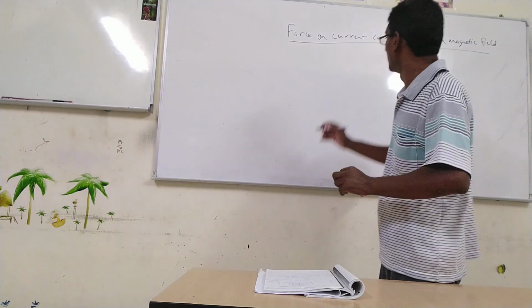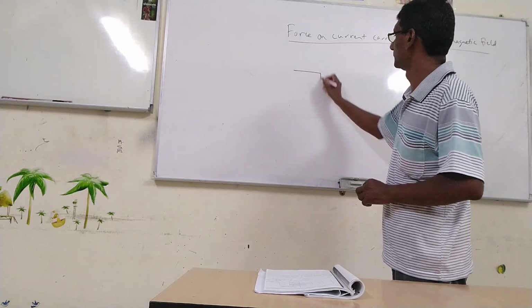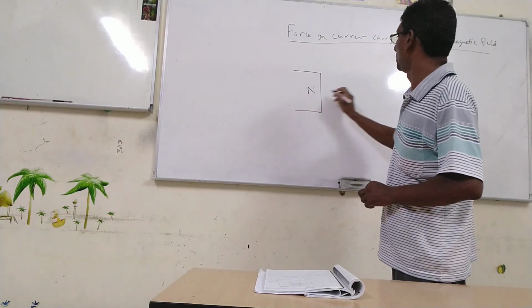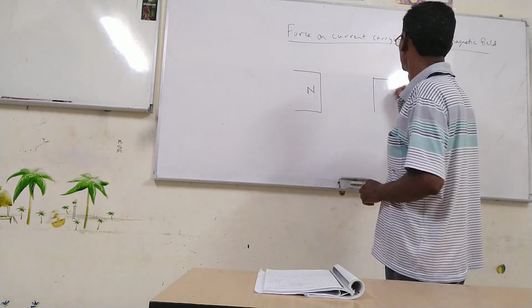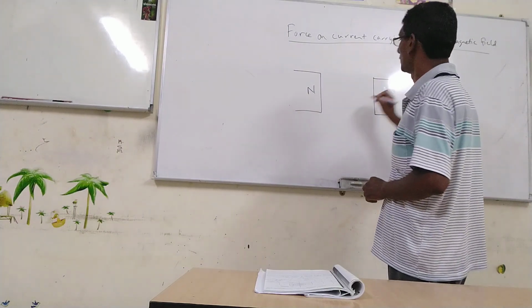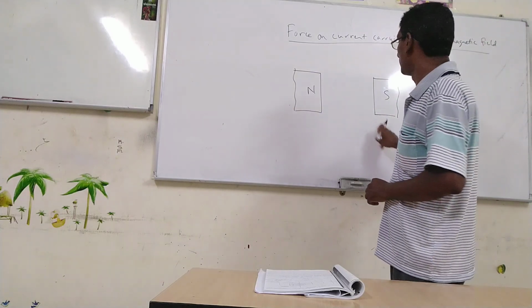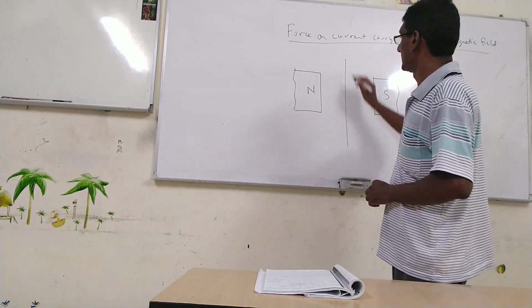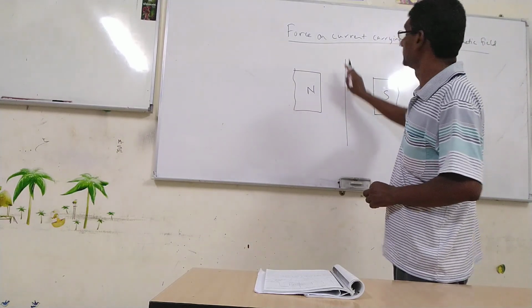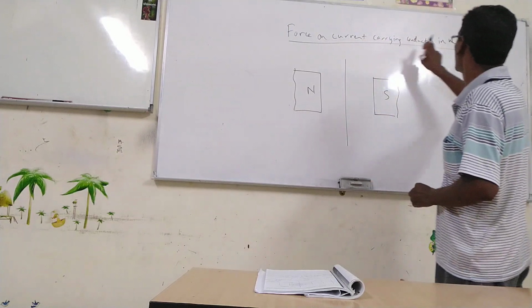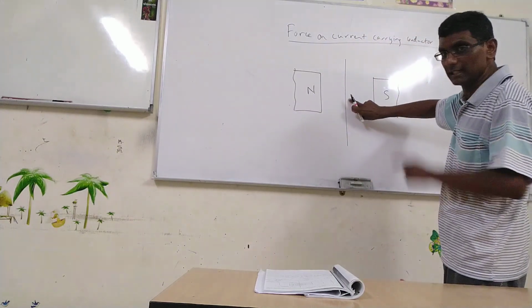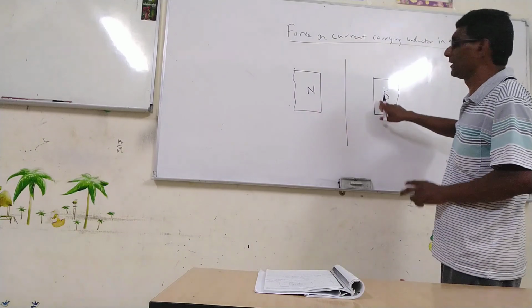Okay, then this is the North Pole. This is the South Pole. There's a conductor. So, force on current carrying conductor: the conductor is in a magnetic field.